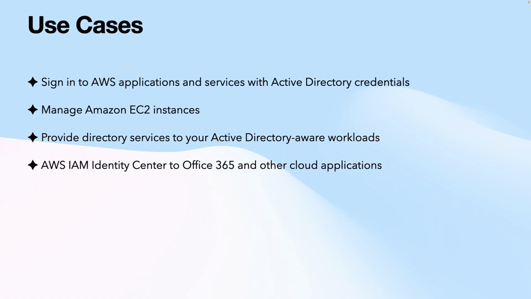You can use Microsoft Entra Connect, formerly known as Azure Active Directory Connect, to synchronize your users into Microsoft Entra, formerly known as Azure Active Directory or Azure AD, and then use Active Directory Federation so that your users can access Office 365 and other SAML 2.0 cloud applications by using their Active Directory credentials.